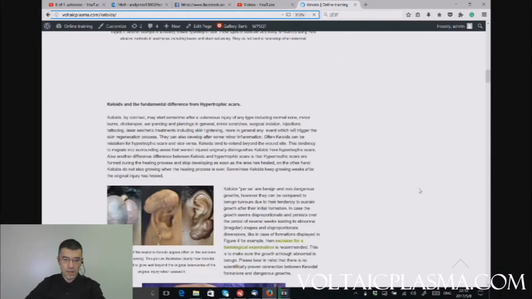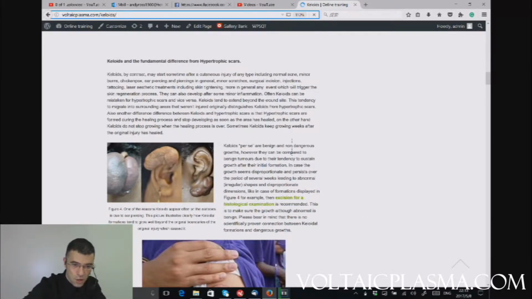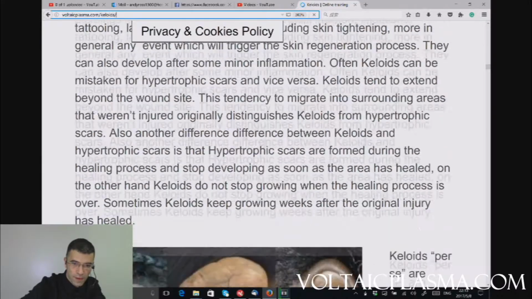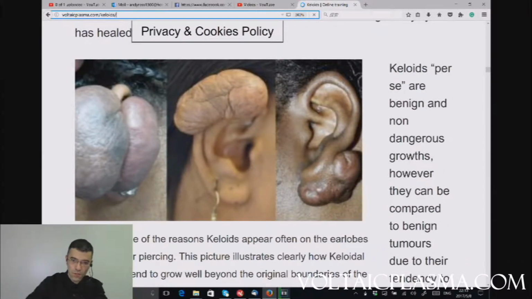And then we are jumping onto a very common picture of keloids, which are the keloids that are found on the earlobes and ear, and they develop normally after you have a piercing done.